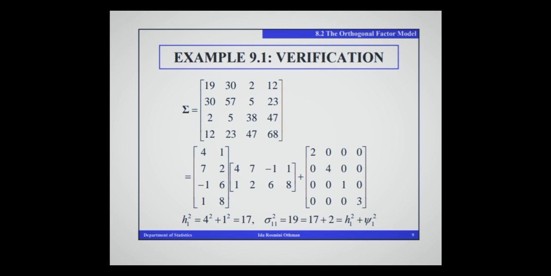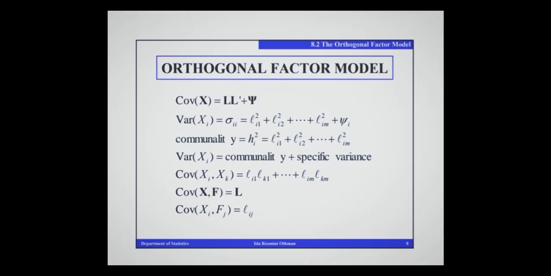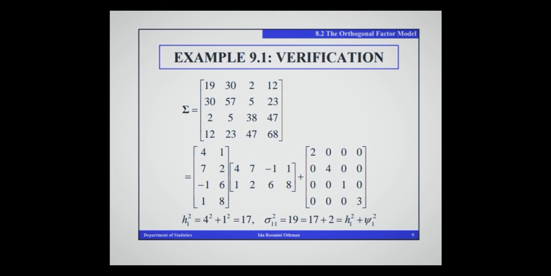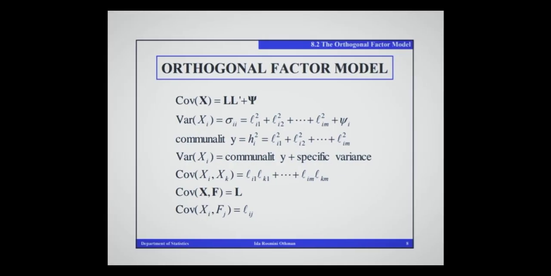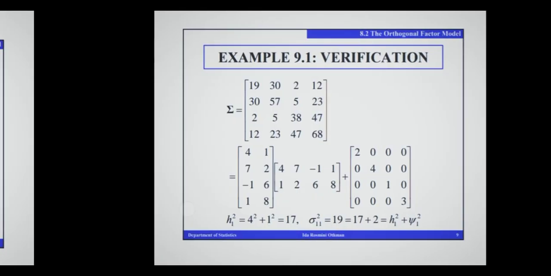Okay. So according to the formula tadi, kan, variance of X equal to communalities plus specific variance. So the communalities adalah L matrix multiply L transpose.